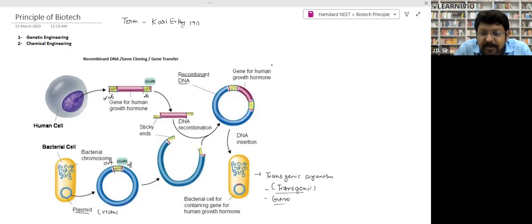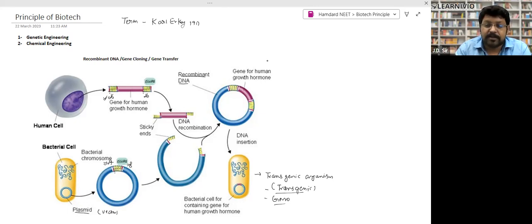We used to take it from that and it was injected. But there were some problems. First, how many animals would you kill? Every animal has a 200 gram pancreas, and the 200 gram pancreas has only some ml of insulin.